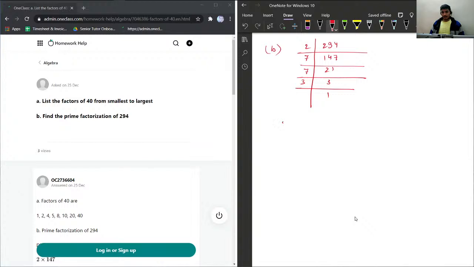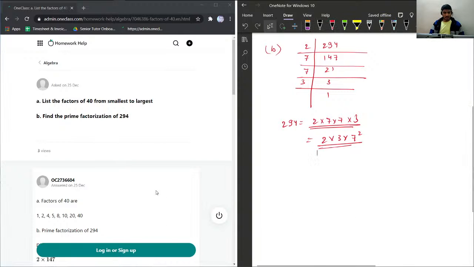So I can write 294 as 2 into 7 into 7 into 3. Again, I can say 2 into 3 into 7 into 7, and I can write 7 into 7 as 7 squared.